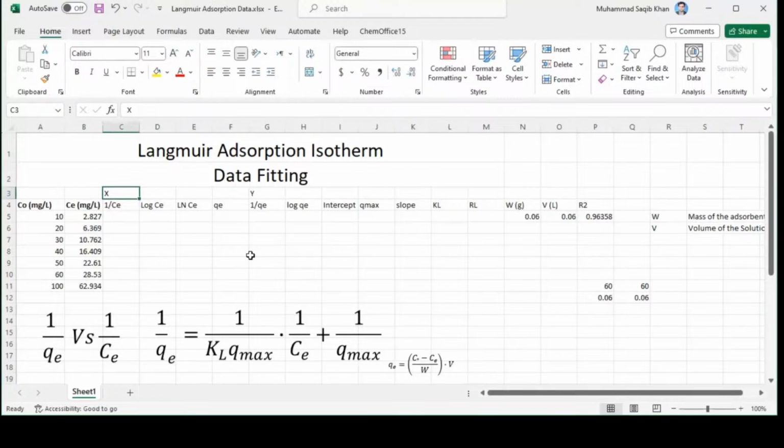This trend line, I want it as a dotted line in black color. OK. So now this is our plot.